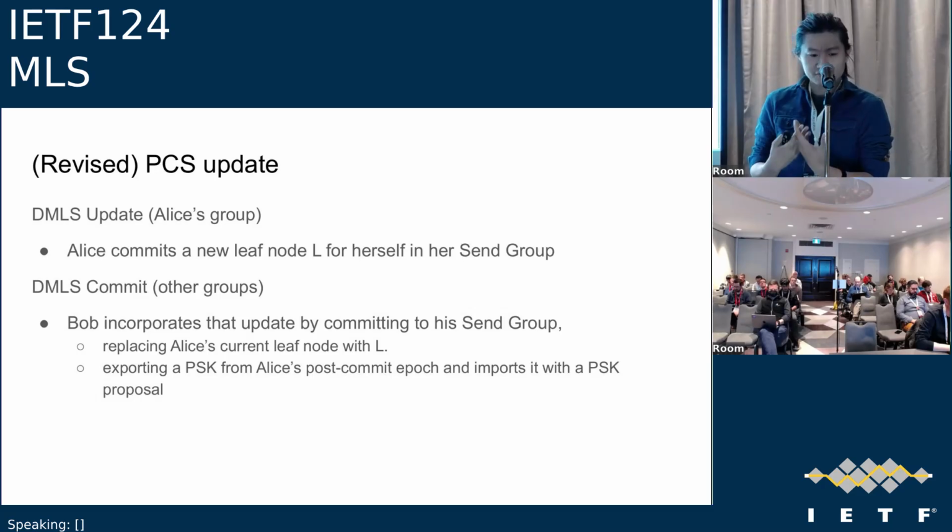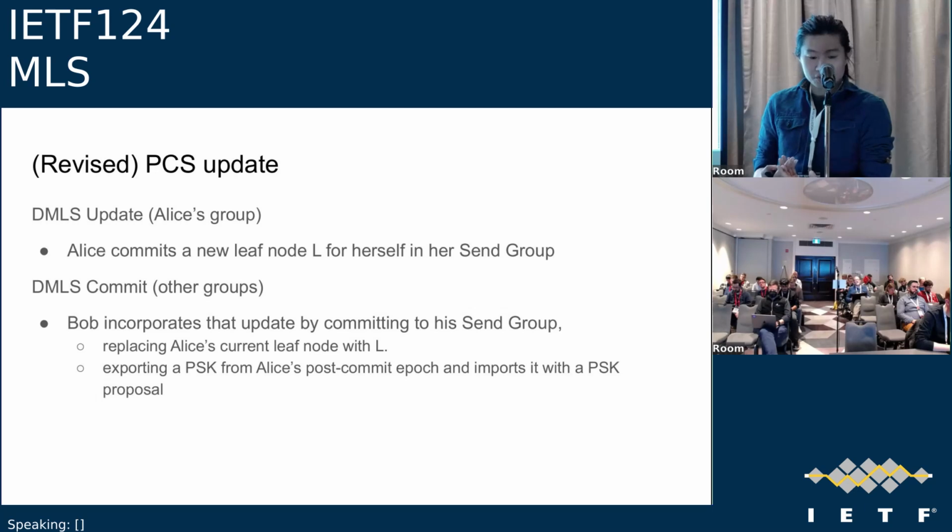So the core incorporation mechanism is if Alice wants to introduce new key material to heal her own send group, she's going to commit a new leaf node for herself. She's going to distribute that commit. And Bob, when he has received Alice's DMLS update, is going to incorporate that update in two ways.